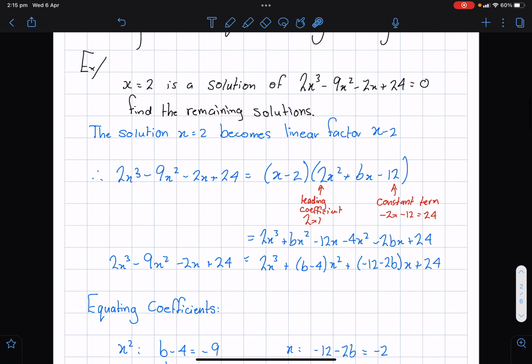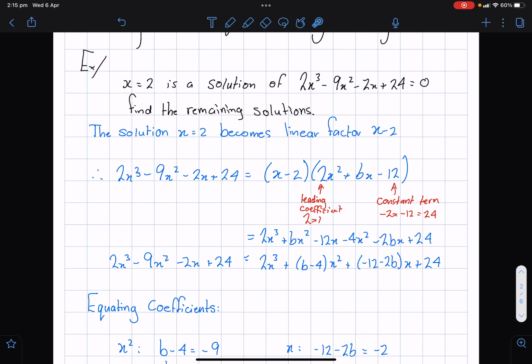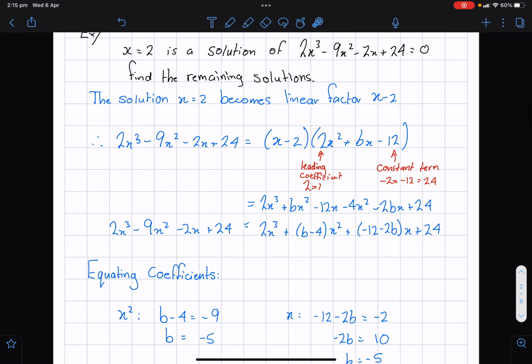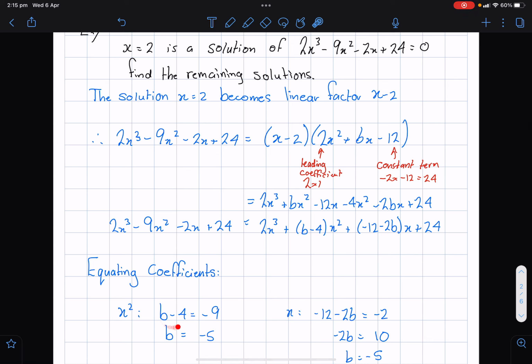We only need to look at the x squared and the x terms because they're the only ones with unknowns. The coefficient of x squared on the right, b take 4, has to equal the coefficient of x squared on the left, negative 9. Adding 4 to both sides, b is equal to negative 5.